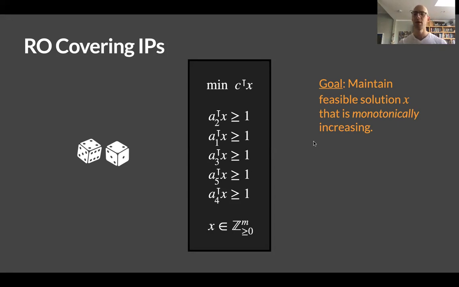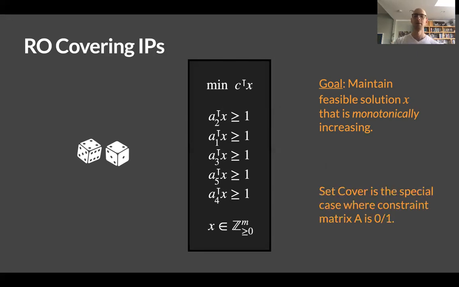And the hard part is that this solution X must be monotonically increasing. So you're never allowed to decrease a coordinate once you've increased it. And you'd like the total cost at the end of the algorithm to be competitive with the offline optimal solution to this IP. So set cover is nothing but the special case of this where the constraint matrix is 0, 1. So really we solve this fully general problem.